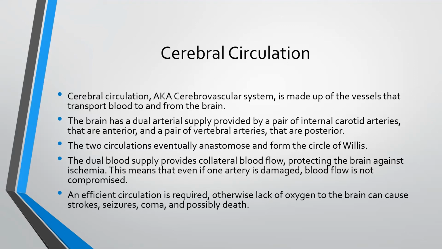So let's talk about cerebral circulation now. This is also known as the cerebral vascular system, and it is made up of vessels that transport blood to and from the brain. The brain is one of the major organs of the body, and it is also one of the organs that consumes the largest amount of oxygen and nutrients.